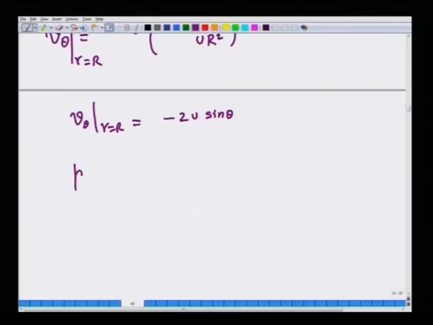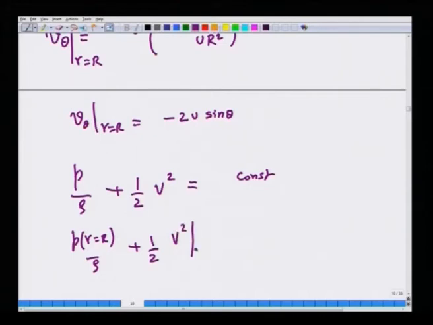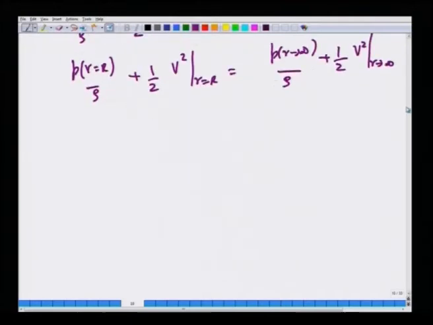Now, we know that p by rho plus half v squared is constant. So p at r equals R by rho plus half v squared evaluated at r equals R is p at r tends to infinity by rho plus half v squared at r tends to infinity. This is nothing but p naught by rho plus half u squared.